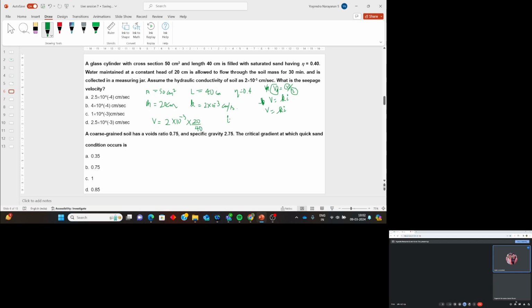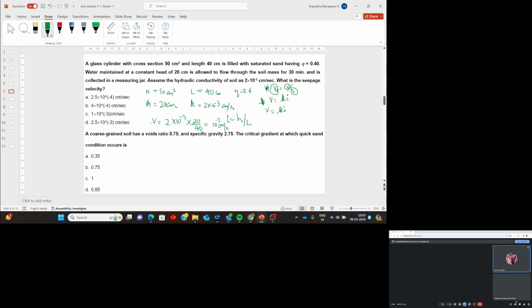I is defined by H by L, head loss by L. The total head loss is 20, and this is 20 by 40. How much does it come to be? 10 power minus 3 centimeter per second. Right? Option B.